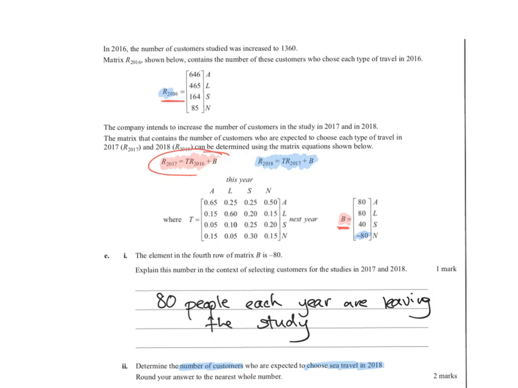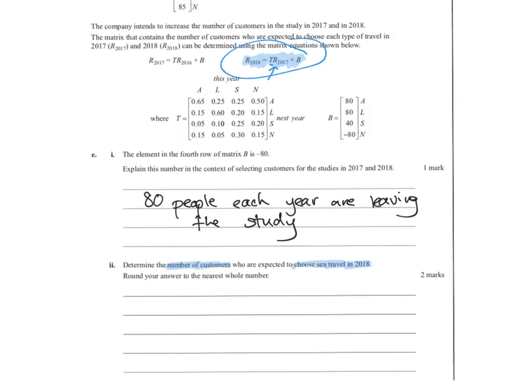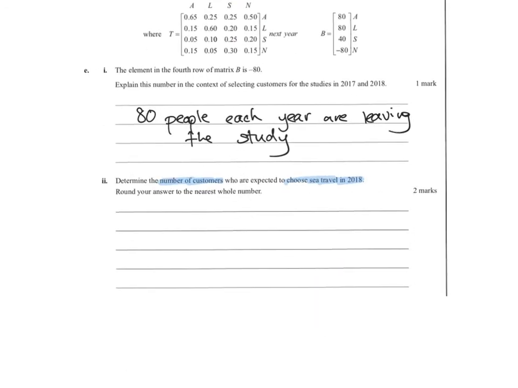To find 2018, I'm just rubbing all this out, you then use that answer which you found for 2017, times your transition matrix, add the B again, and that'll give you the matrix for 2018. For me, my matrix was a 4x1.